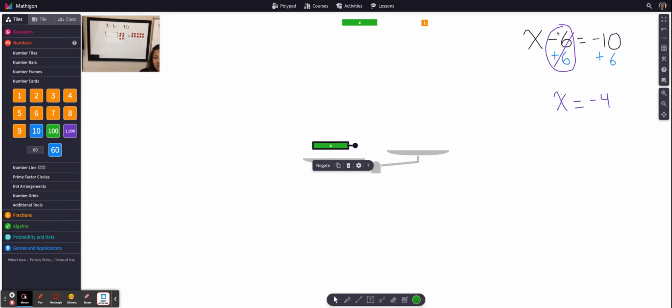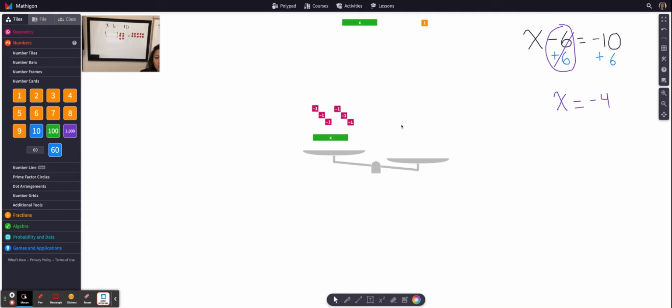I'm going to need negative 6, so that means I need these, but the negative ones, and I need 6 of them. So there's 1, 2, 3, and then another 3, that's 6. And that's what's on my left side. All right, so there's x minus 6.